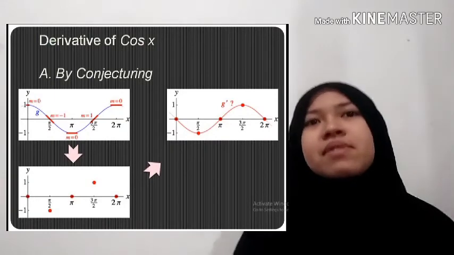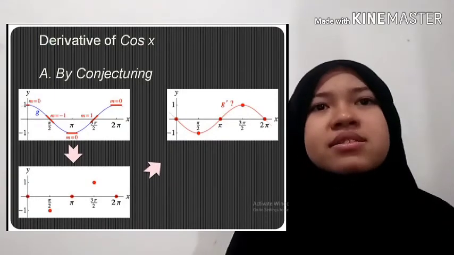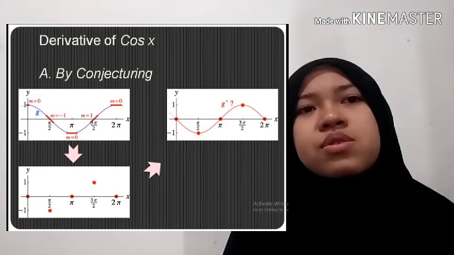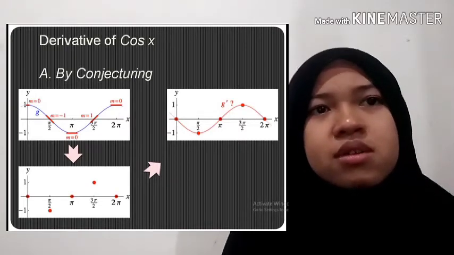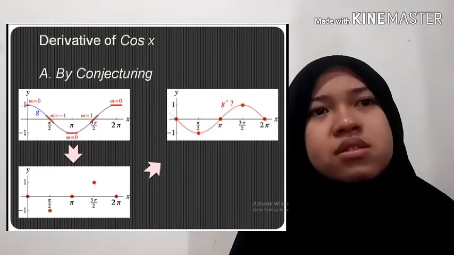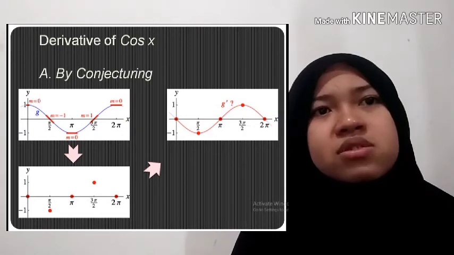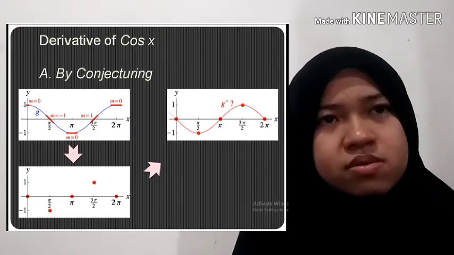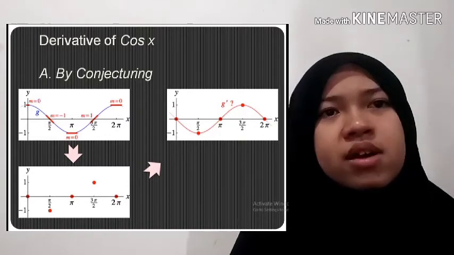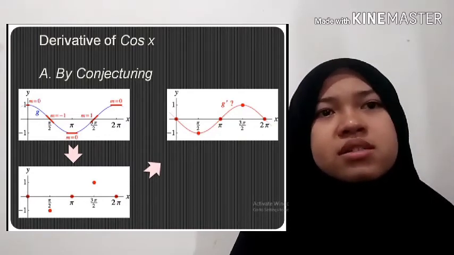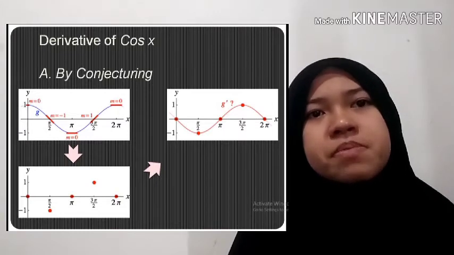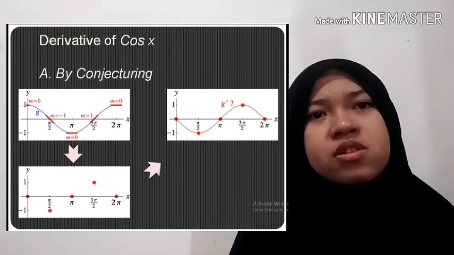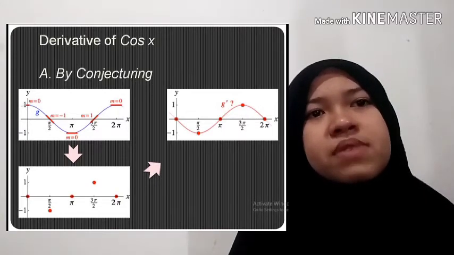And then the derivative of cosine x, by conjecturing, also using the limit definition. When x equals 0, we get the slope of the tangent is 0. We also try for x equals pi over 2, pi, 3 pi over 2, and 2 pi.